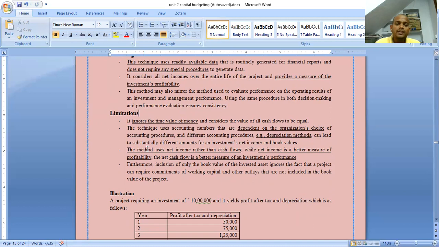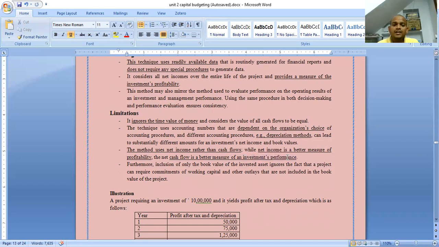This method uses net income rather than cash flows. So this is another limitation. While net income is a better measure of profitability, cash flows are a better measure of investment's performance.